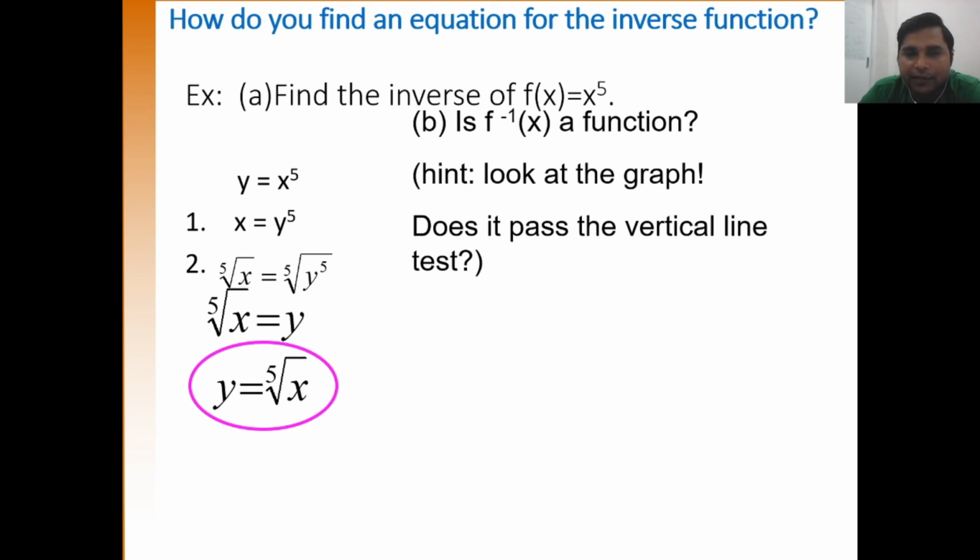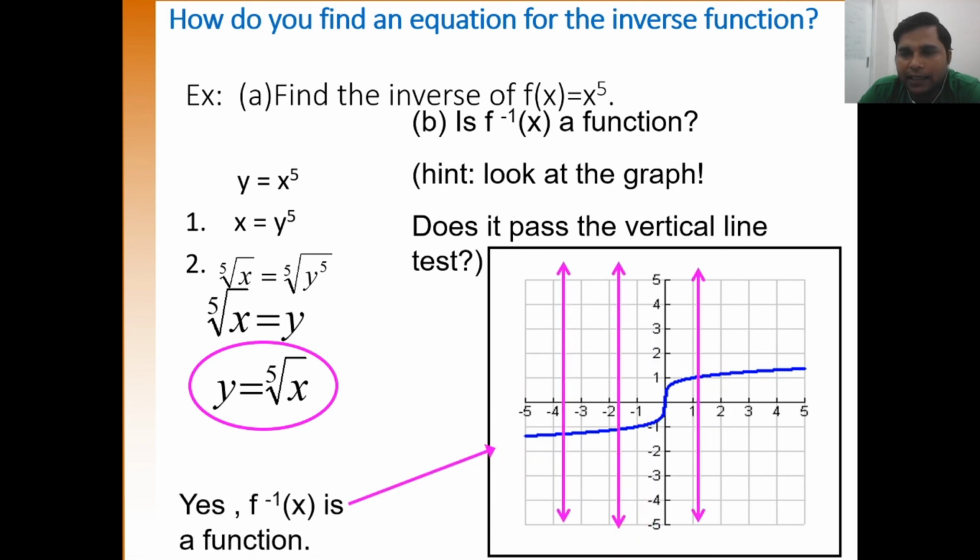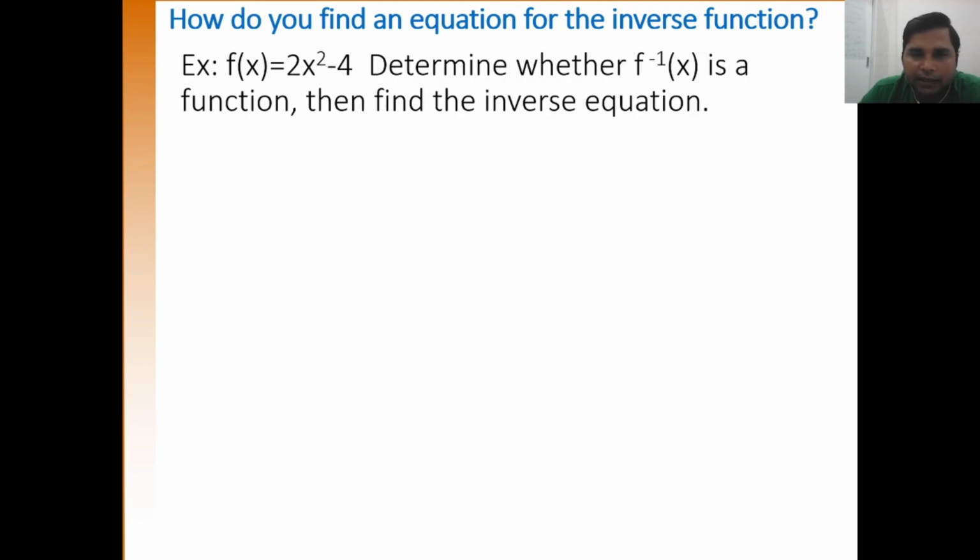Let's see whether this will be a function or not. If we sketch the function and then draw the vertical lines, yes, it passes the vertical line test. So that's why f inverse x is a function, and that's the correct answer.